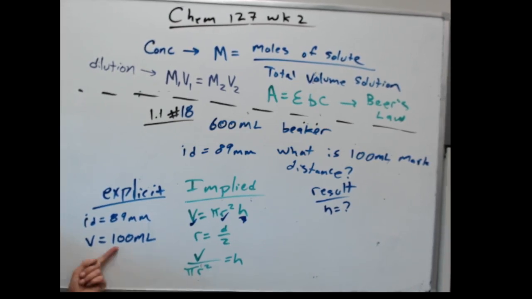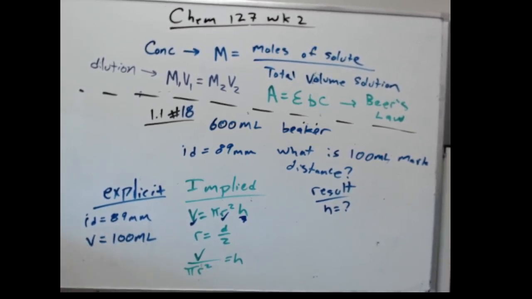I plug in my volume, 100 milliliters. I plug in my radius, 89 divided by 2. The square and pi, those things we're pretty good at. There's something we have to be really careful about though, which is the real trick of this problem: the units.